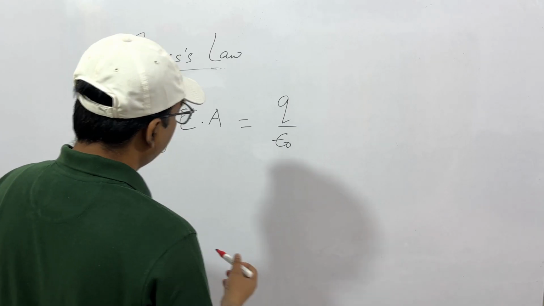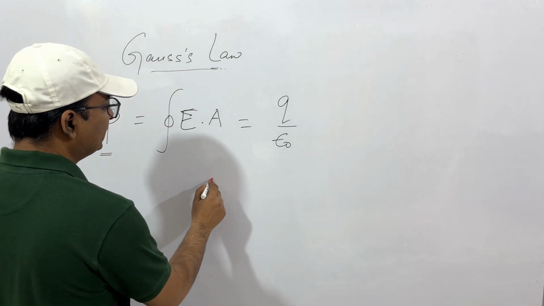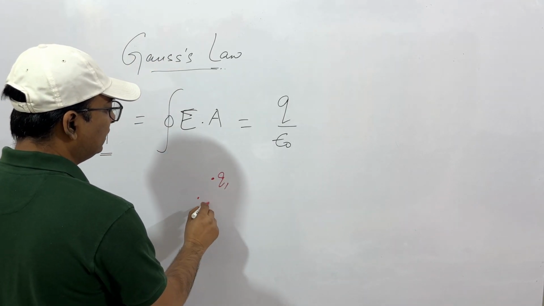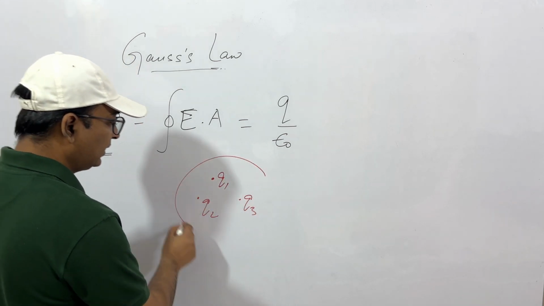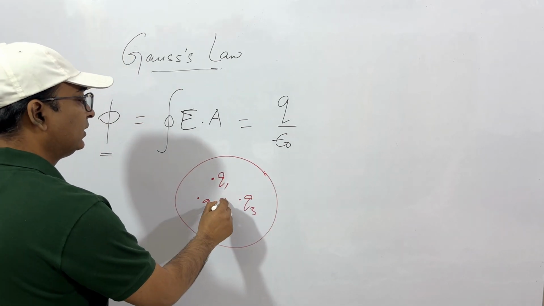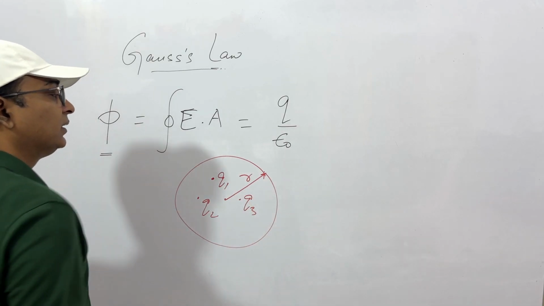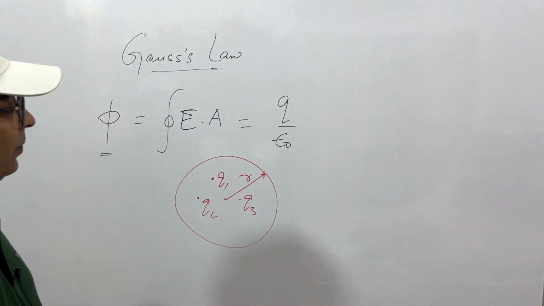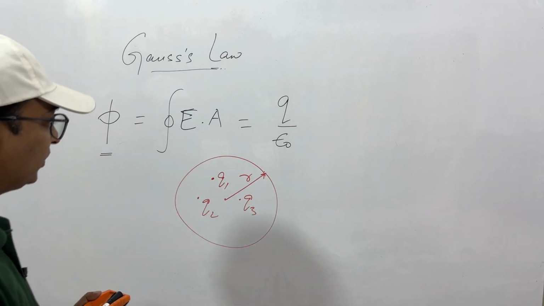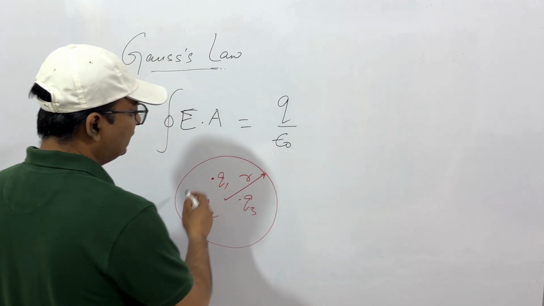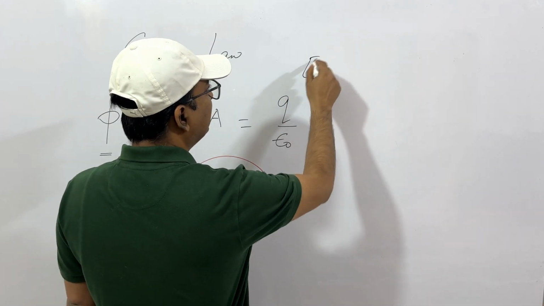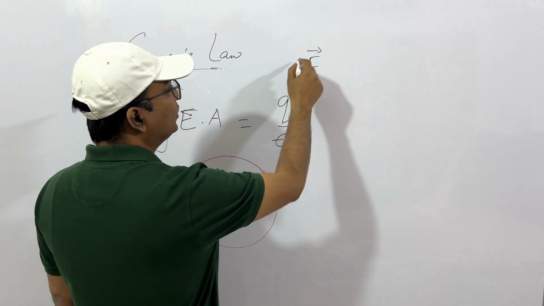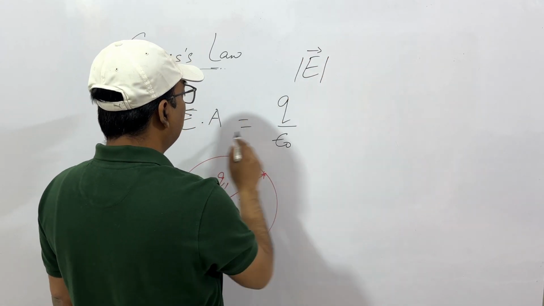Let's understand. Let's say you have Q1, Q2, Q3, three charges inside a closed surface, let's say a sphere of radius r. According to Gauss's law, the electric field, let's say E, times the area, we have to find E. What is A?